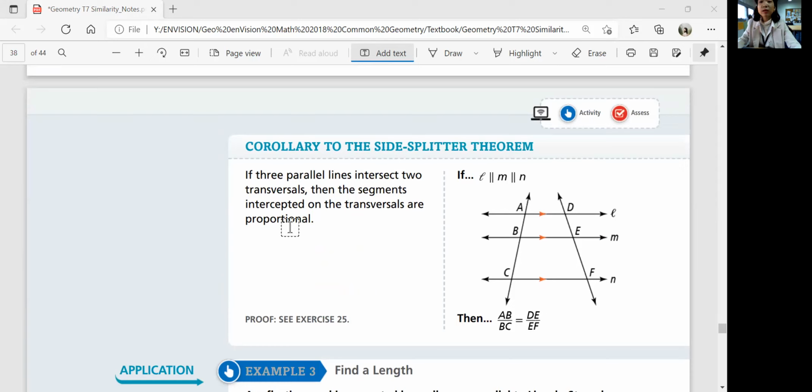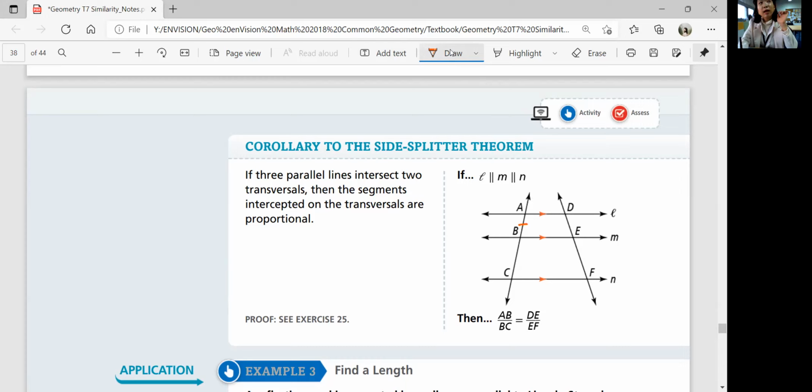The corollary to the side splitter theorem is if three parallel lines intersect two transversals, then the segments intercepted on the transversals are proportional. So if we have three parallel lines like this, and they all go through two transversals, then the segments cut by the parallel lines are proportional.